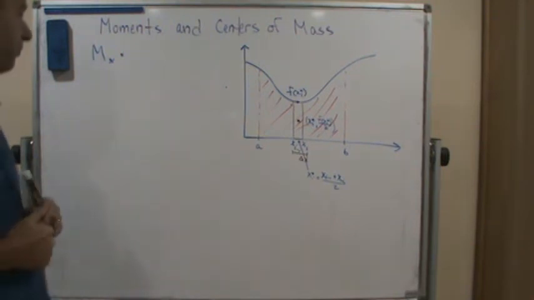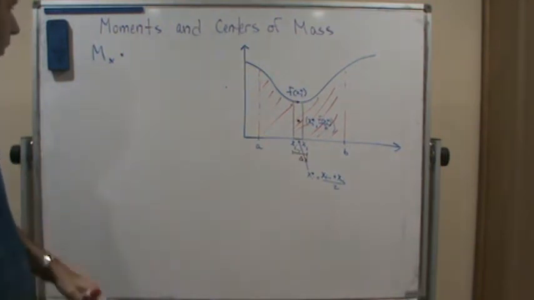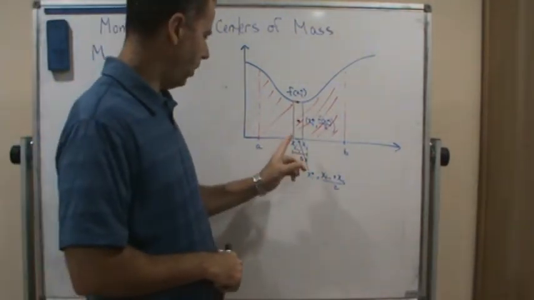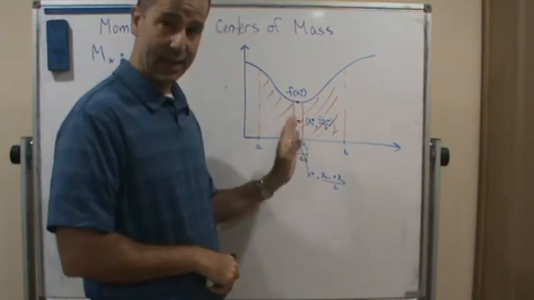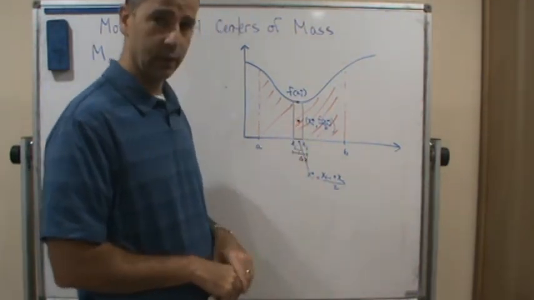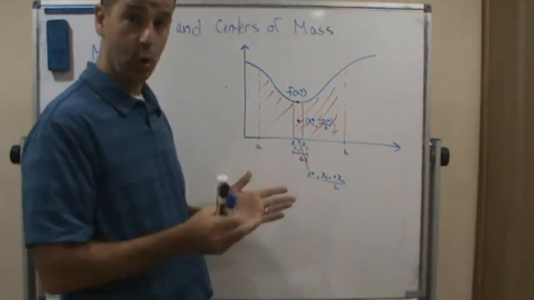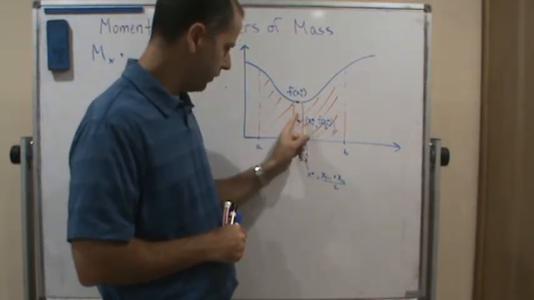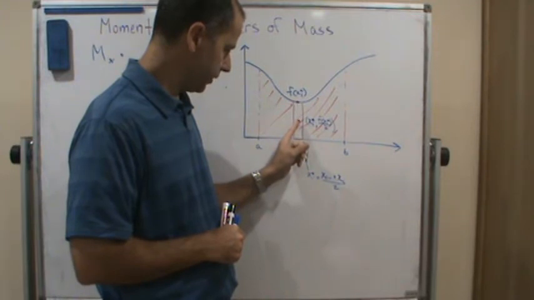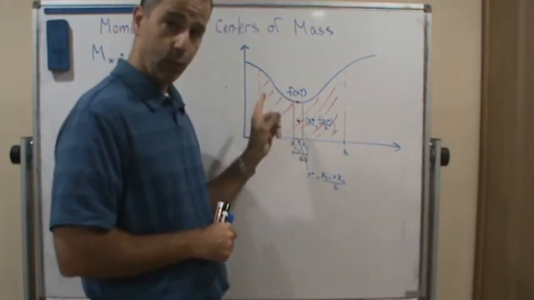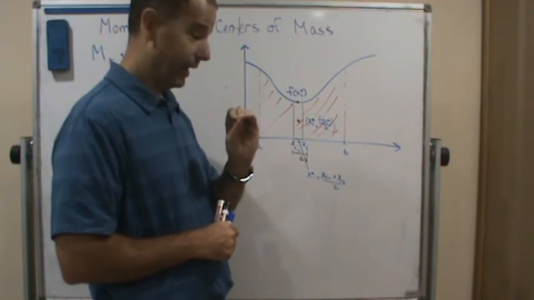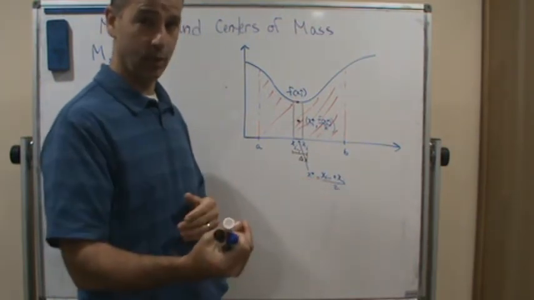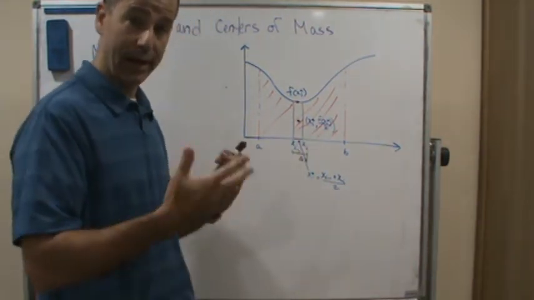Now, to do this, we're going to also keep in mind that if we take all of the mass and we apply it to the center of this rectangle, the centroid of this rectangle, that's not going to change the moment of the system. So we're going to assume that everything is a point mass right here. So all of the mass of the rectangle is centered at the centroid. And we're going to do that for our calculations, knowing that that's not going to change the moment of the system with respect to the x-axis or with respect to the y-axis. So that's going to help us determine how we're going to do this.